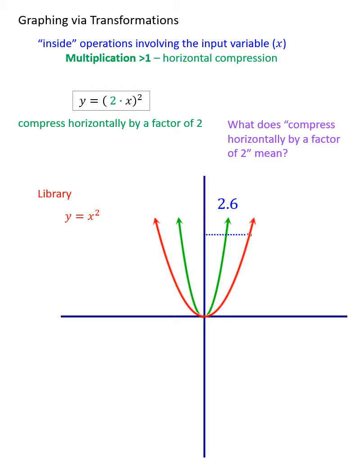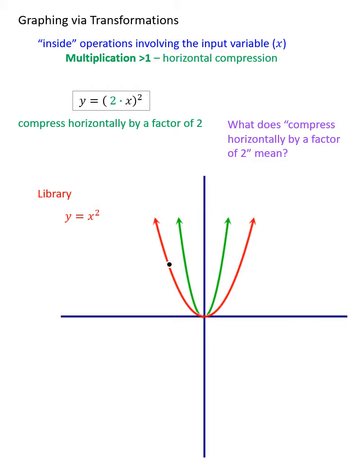There's nothing special about that. But if we were to take a point that was a certain distance away from the y-axis, there would be a corresponding point on the transformed function. And because it's compressed by a factor of 2, that means that that distance would be half of the original distance away from the y-axis, which in this case would be 1.3, half of 2.6.